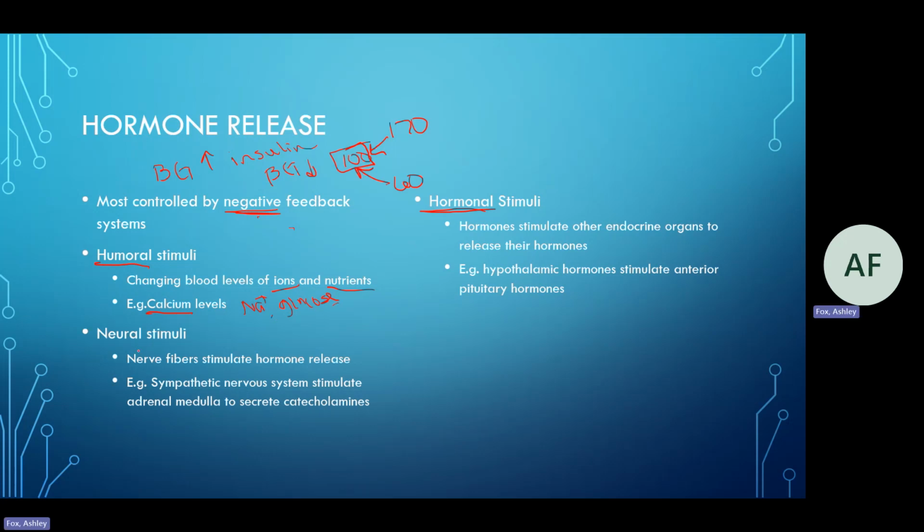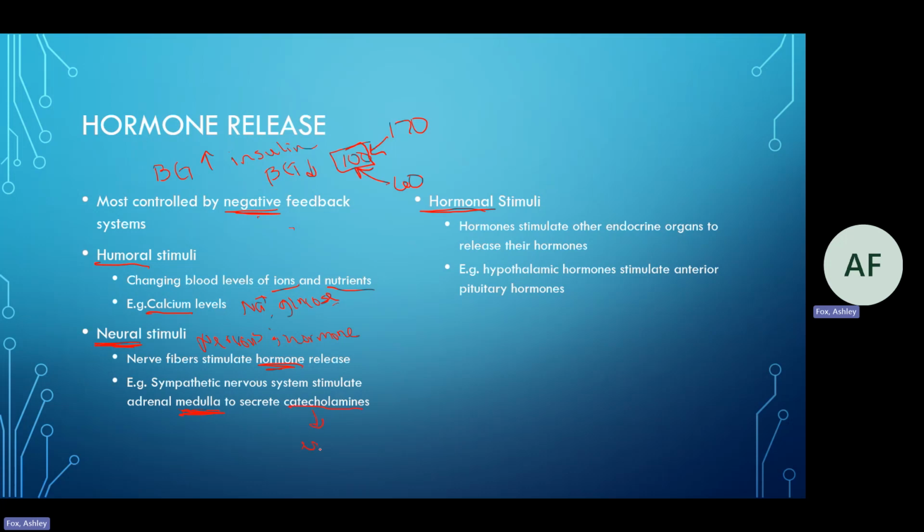The second reason why a hormone's going to be released is because of neural stimuli. So neural means nerves. So this is because of the nervous system and it causes a hormone release. So it's coordination between the nervous system and hormones. The sympathetic nervous system is going to have a direct connection to the inside of the adrenal gland, and we'll talk about these more, that are going to secrete catecholamines.